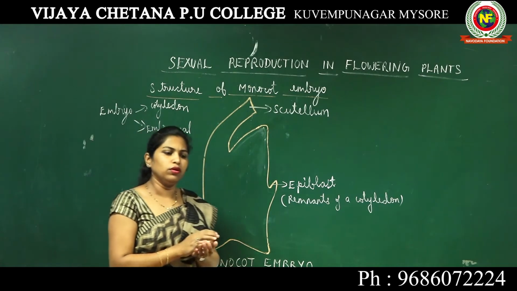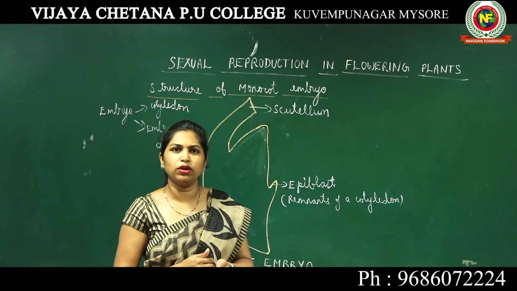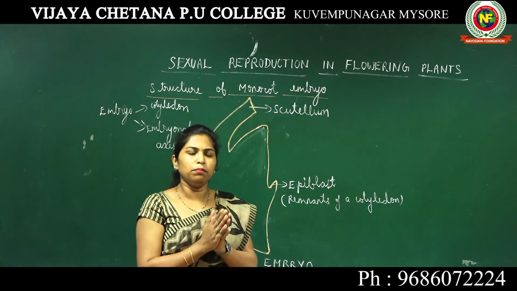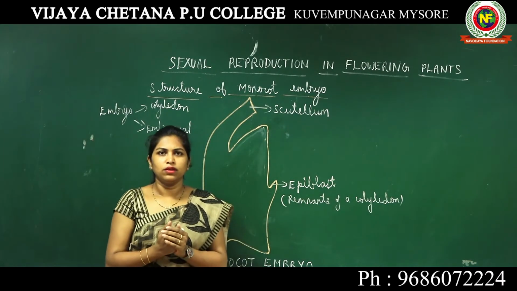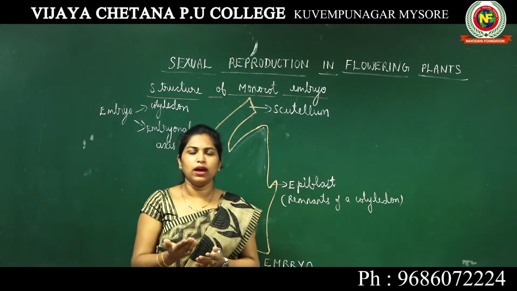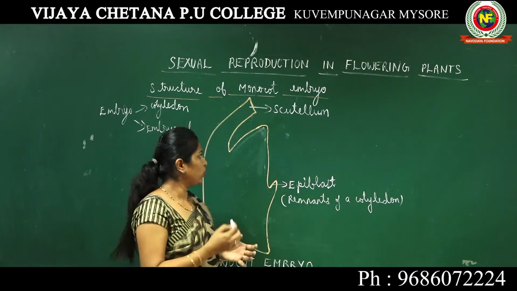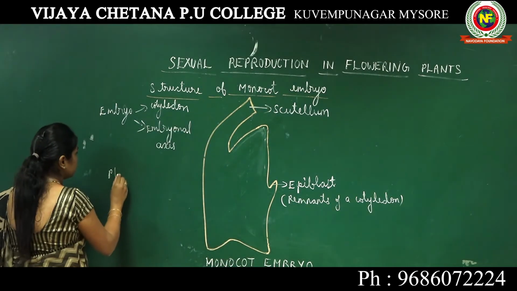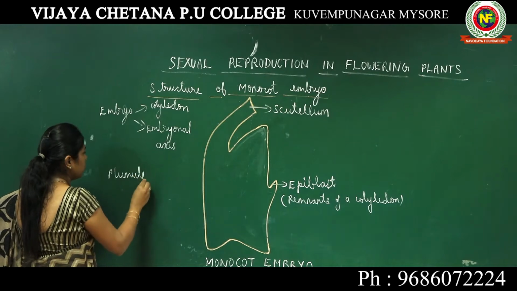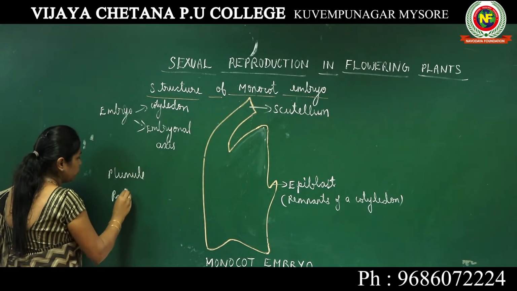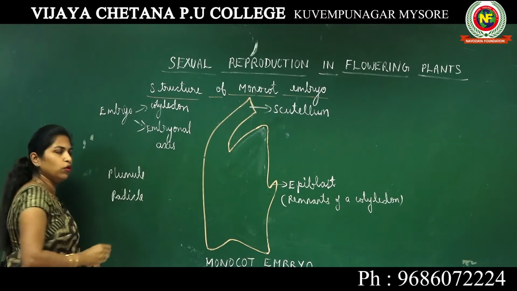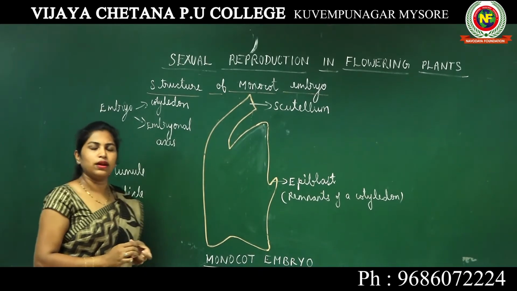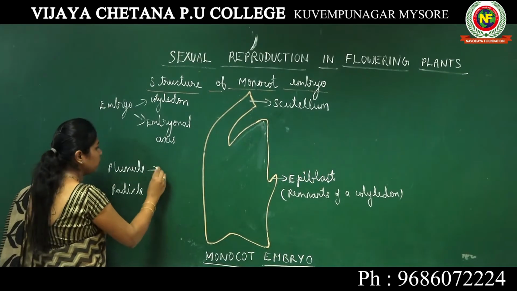Now, while studying the dicot embryo itself, we have studied that the embryonal axis should always have two regions. One is plumule, another one is radicle. What is a plumule?